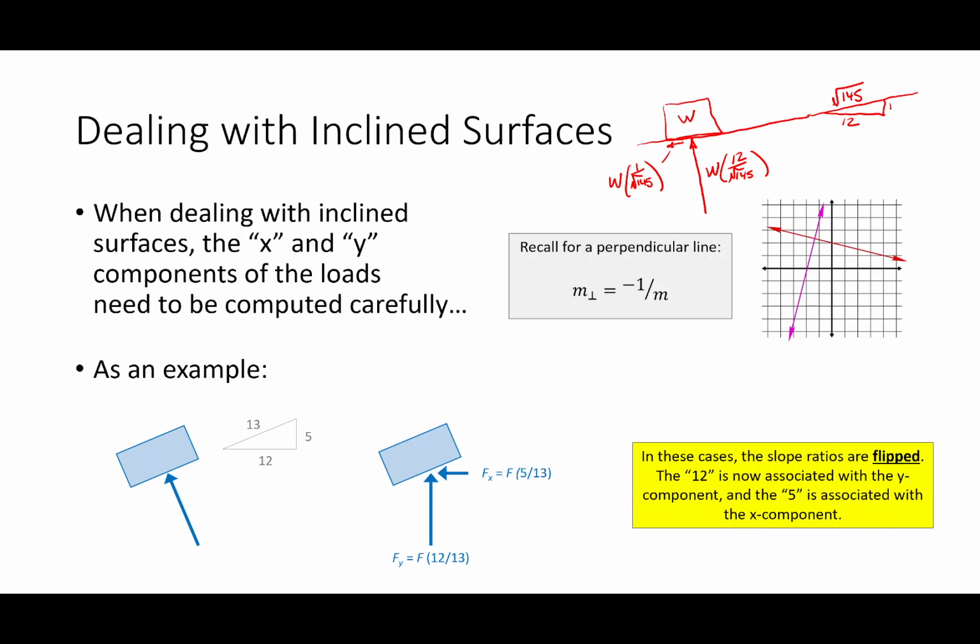The 5 is associated with the horizontal, 12 is associated with the vertical, because it's perpendicular, right? You're flipping the slope ratios, just like here you're flipping the fraction. It's the same idea. Does that make sense? And don't worry, we're going to have a full-blown example to make the point. Sound good?